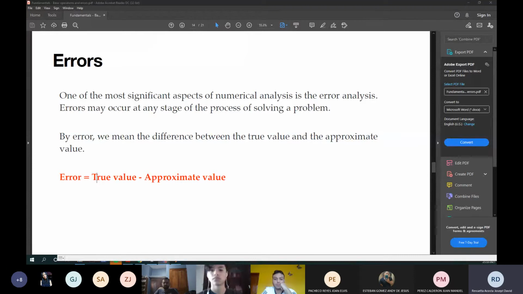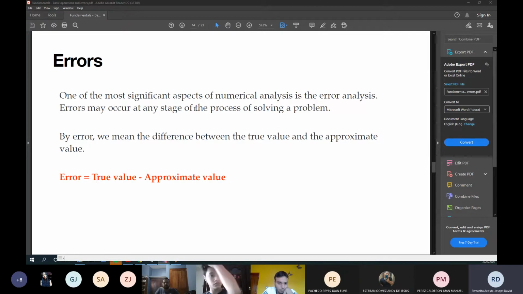Yes, I believe so. So remember that the error is one of the most significant aspects of numerical analysis. And we always have to do some error analysis when we want to predict or estimate any kind of numbers, okay?